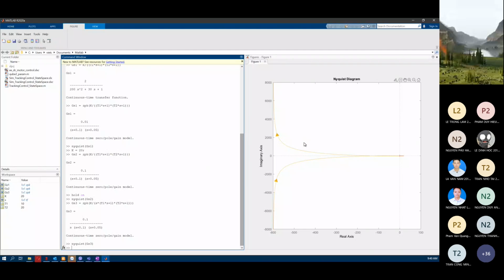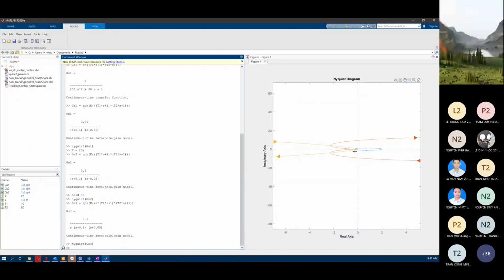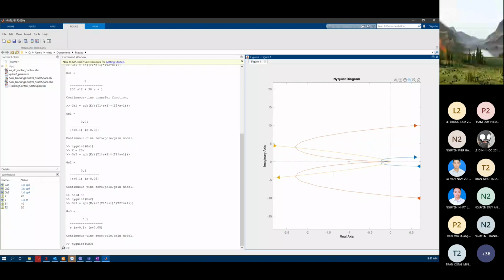now we see that when the system comes from, how to zoom into this one here. The value of k, the Nyquist diagram now will depend on the value of k.